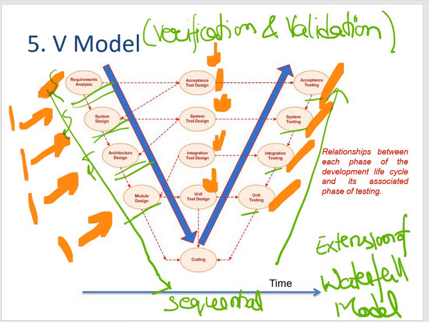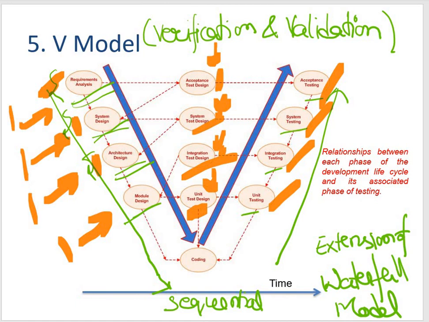Under this particular model, the corresponding testing phase of each development phase is planned in parallel, right? So these activities are going on in parallel. That means when we were talking about requirements analysis, the testing team was working on acceptance test design.